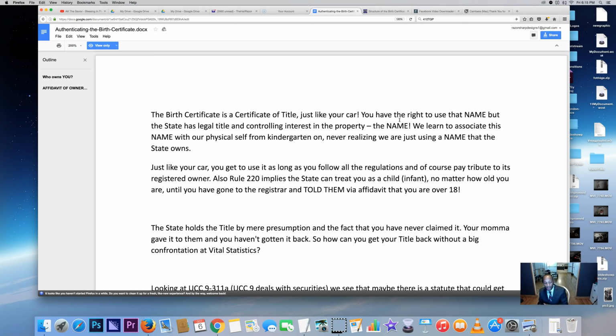You need superior title over the original docs, over the original bond, over the original contract. If you don't have superior title ownership over that, and they do, you're still technically a slave to the state and to the government. I'm trying to figure out what people don't understand about this.